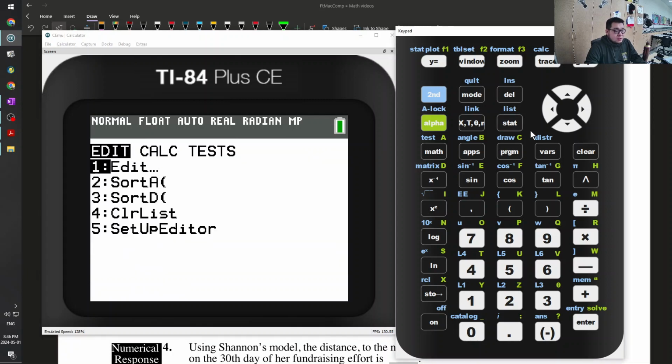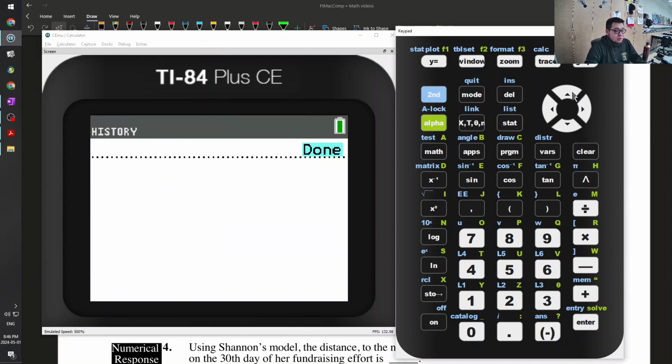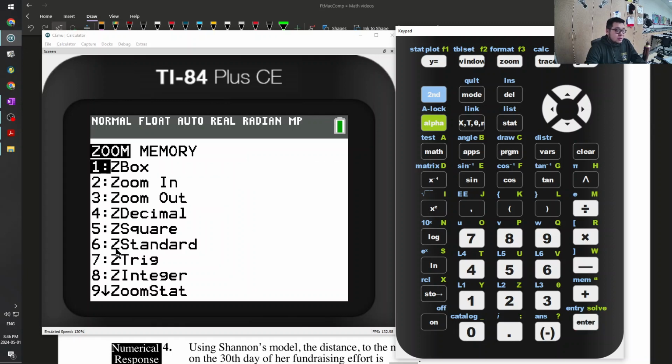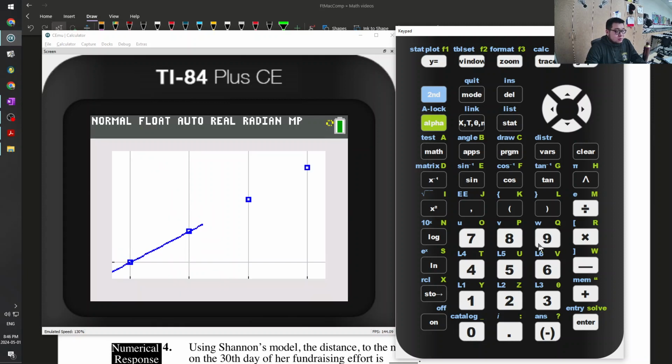Okay, now stat, calc. I'm just gonna reuse my exponential regression again, just so I don't have to do it, and I'm gonna zoom stat to get to it.